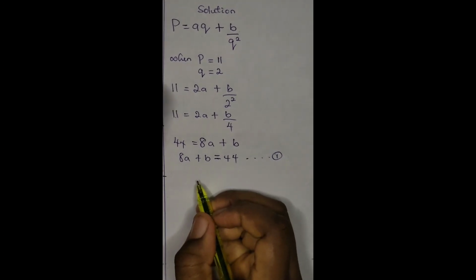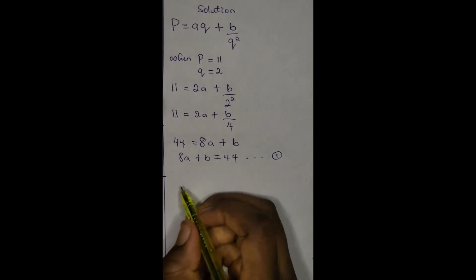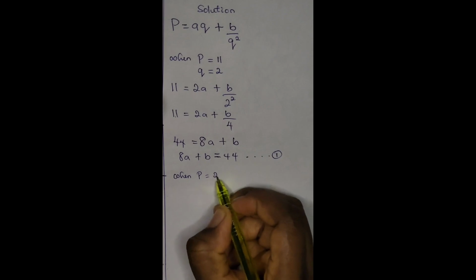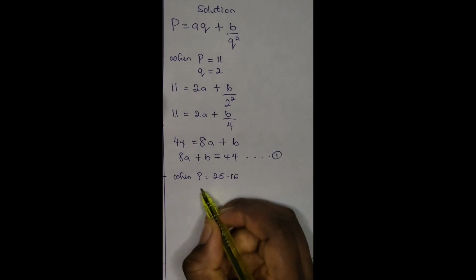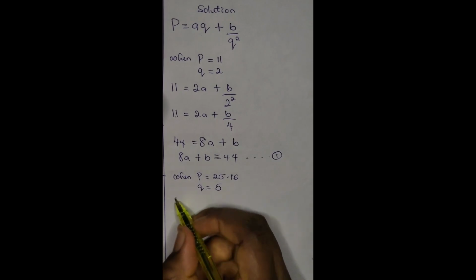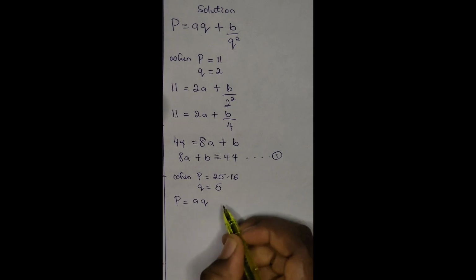To get the second equation, the next value given to us is when p equal to 25.16 and q equal to 5. Remember, the equation is p equal to aq plus b over q squared.